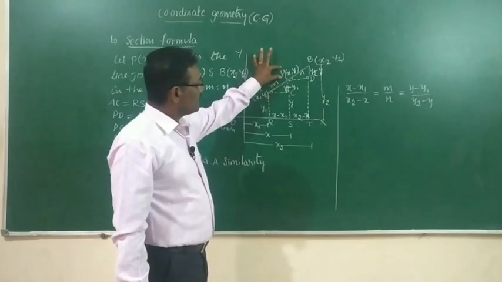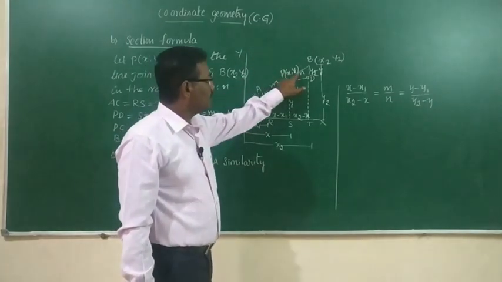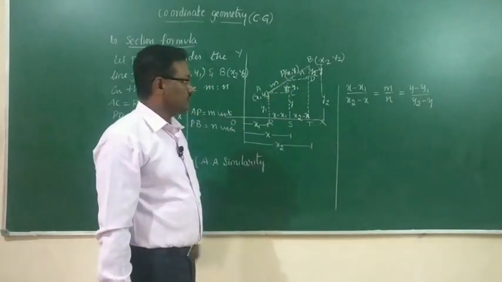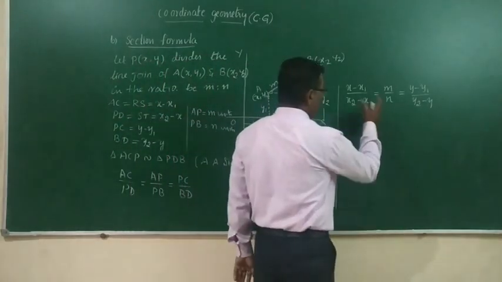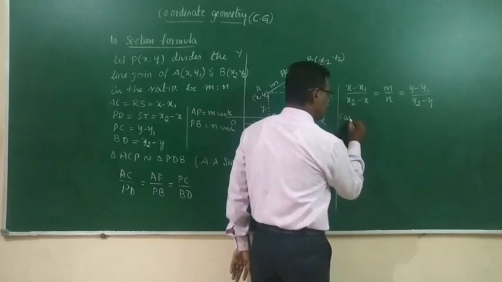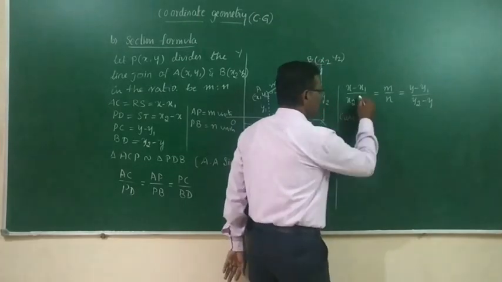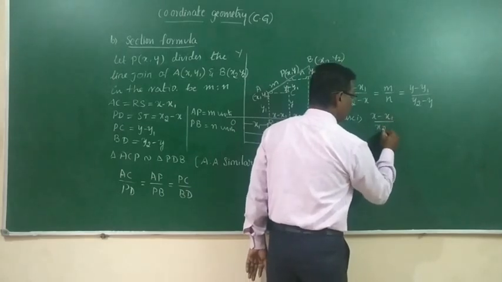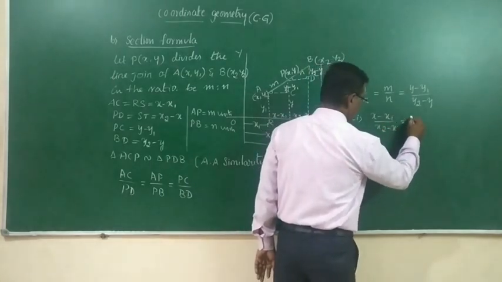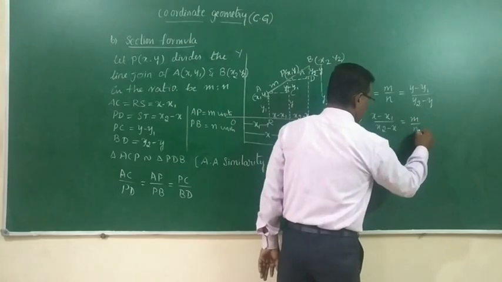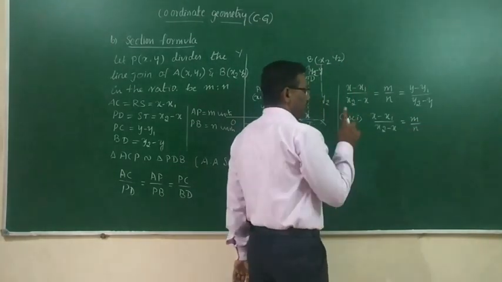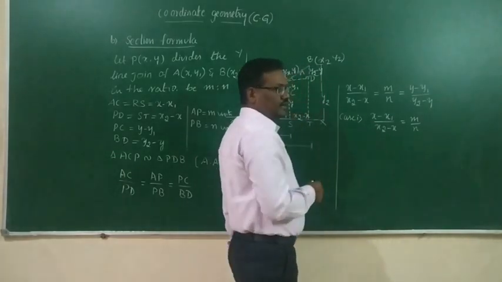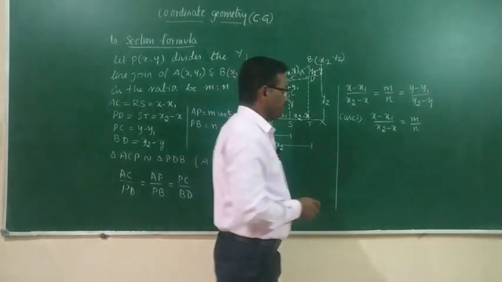Now, by using this, we have to find the section point. Which is the section point here? P of x comma y, where the x and y values we need to find out. Now, by comparison, case 1: let us take x minus x1 by x2 minus x equal to m by n. Our intention is to find the x value, the x coordinate of the section point.